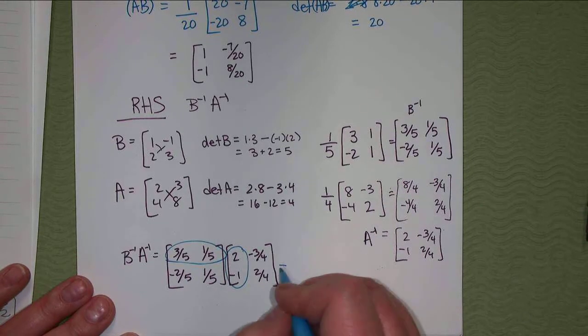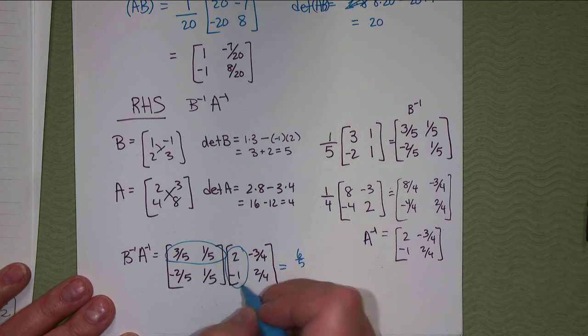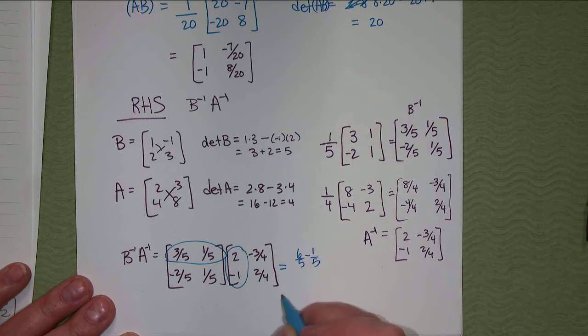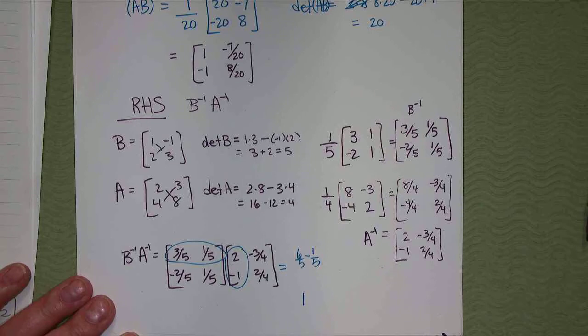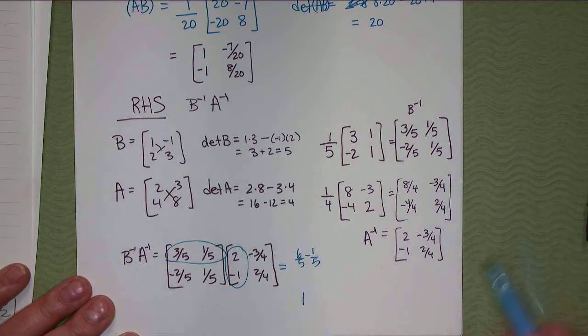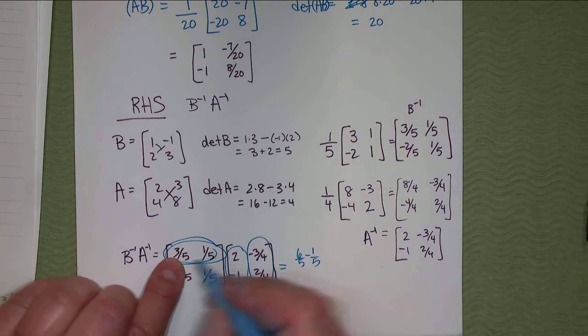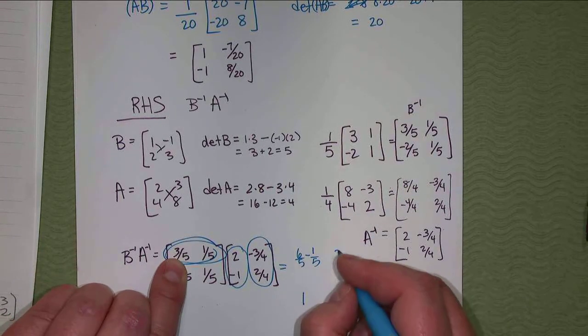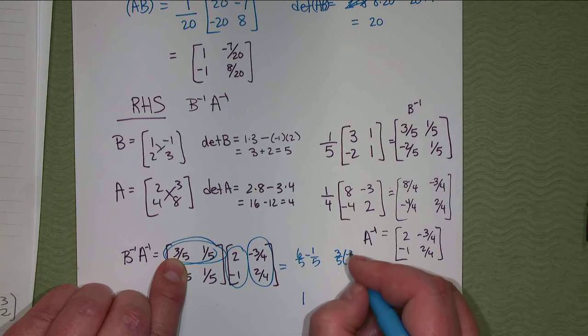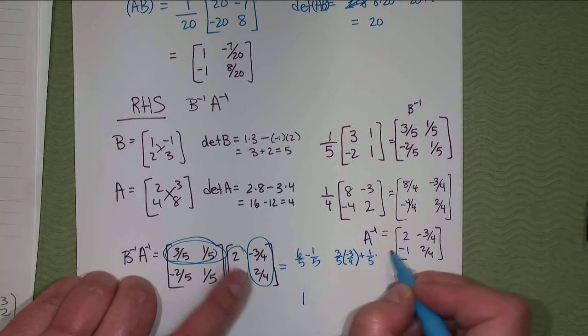So 3 over 5 times 2 is 6 over 5, minus 1 over 5 is 5 over 5, which is 1. Where are we supposed to get a 1? Yeah. So 3 over 5 times minus 3 over 4 plus 1 over 5 times 2 over 4.